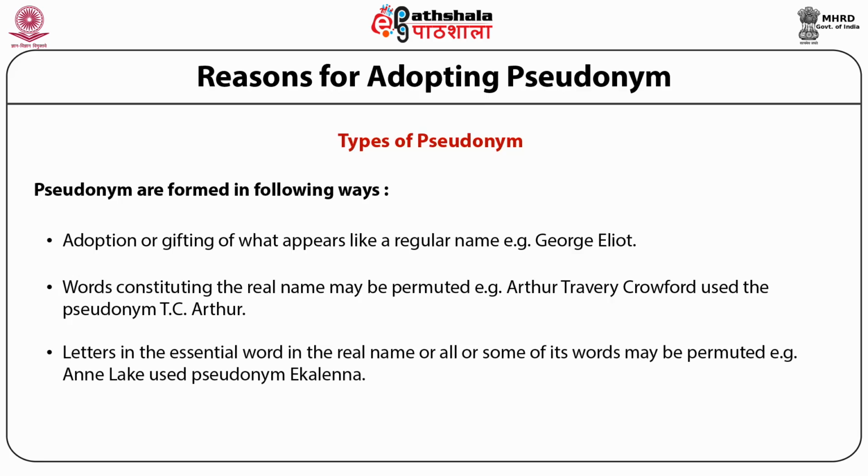Letters in the essential word in the real name or all or some of its words may be permuted, as for example N.A. Lake used the pseudonym Eklena. Descriptive words, for example by an experienced lawyer. Some authors write books under by an experienced lawyer, experienced doctor or experienced professor, etc.